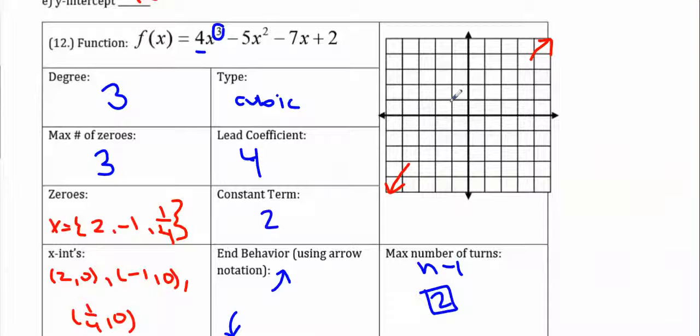So it's going to cross at negative 1. It's going to cross at 1/4. And it's going to cross at 2. My y-intercept is 2, so I know it has to cross there. So I'm just going to go ahead and connect. So it crosses at negative 1, my y-intercept, crosses at 1/4, crosses at 2, and there I have my function.